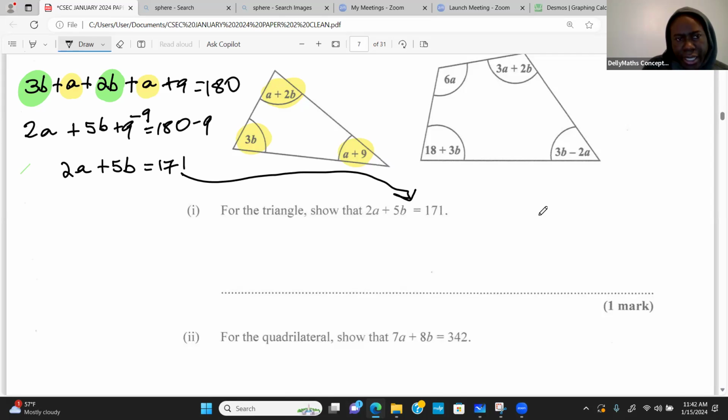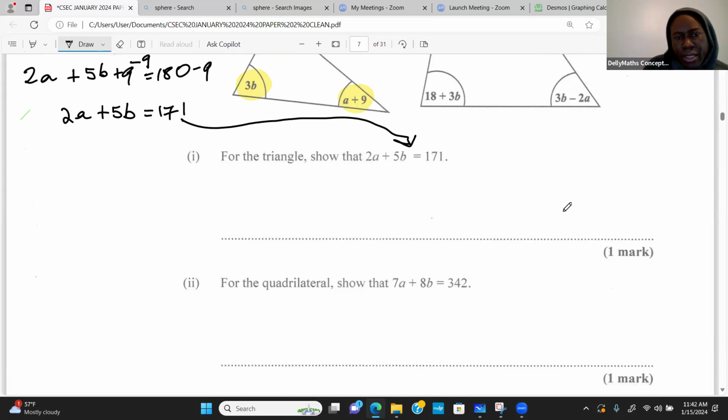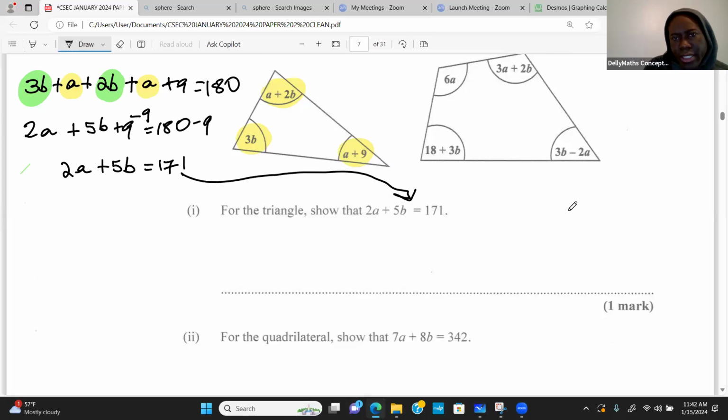Now, let's go to the next one. The next one says here, we're dealing with the quadrilateral. With this quadrilateral, this angle here, plus this angle, plus this, when we add them, we should get 360. So let's put them together.